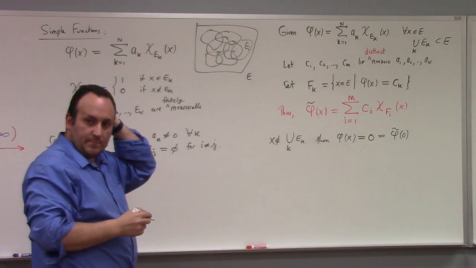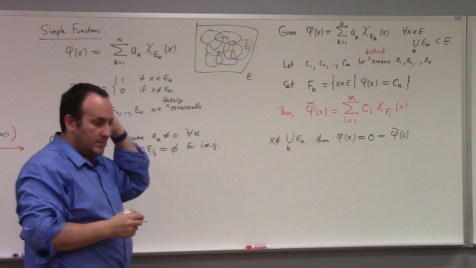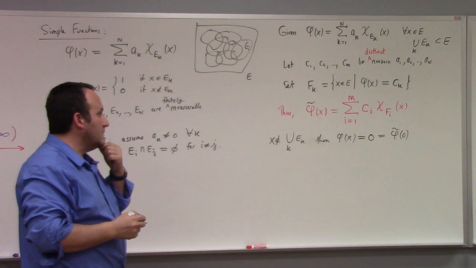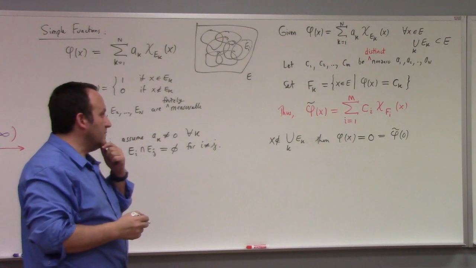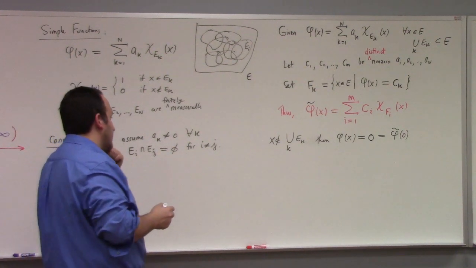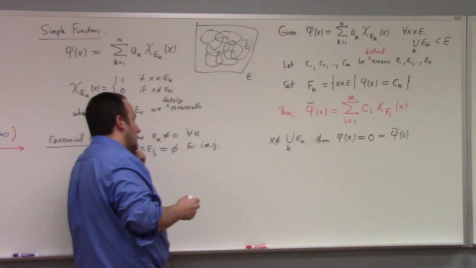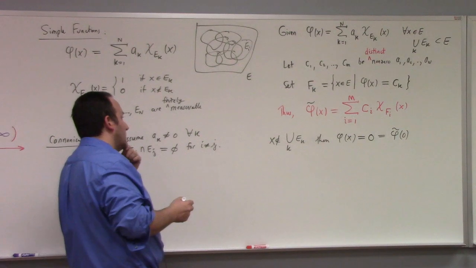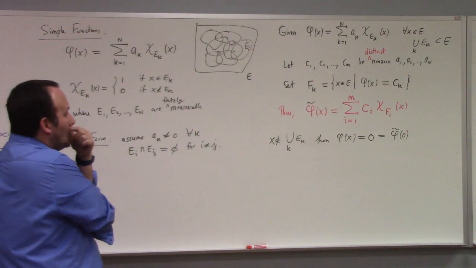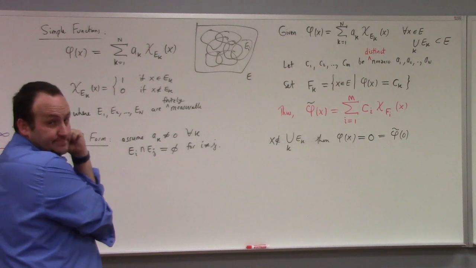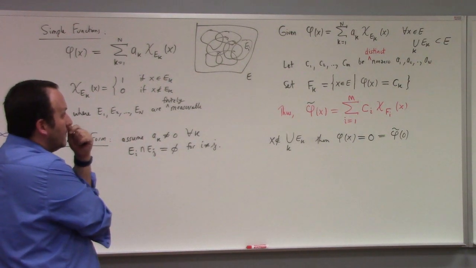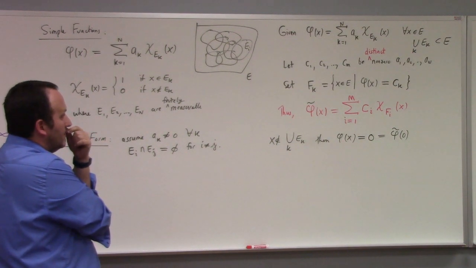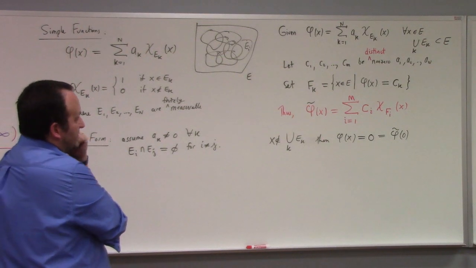Well, in that case, the canonical construction is just 0.